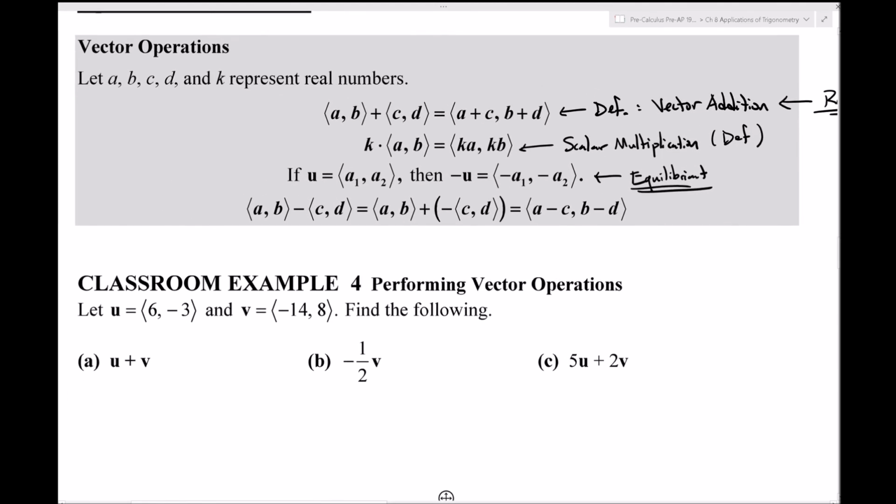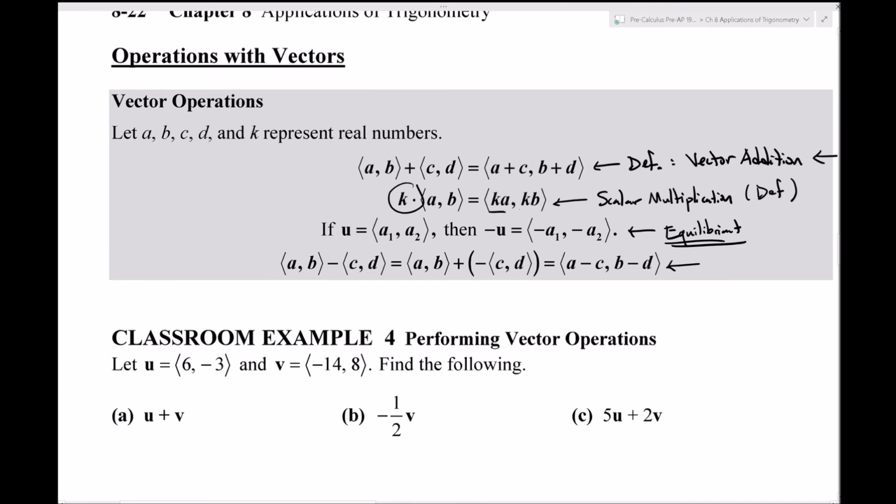And then this is just a demonstration of how we subtract. To subtract two vectors, you add the negative of the second vector to the first vector. So we really just need to understand the first two, vector addition and scalar multiplication. To find the negative of a vector, you multiply that vector by -1. Whatever number we're multiplying into a vector gets distributed into both components.